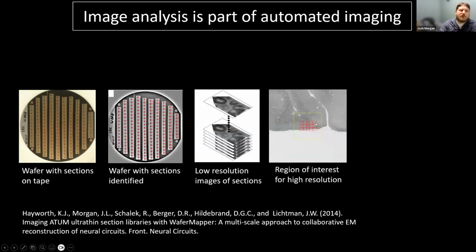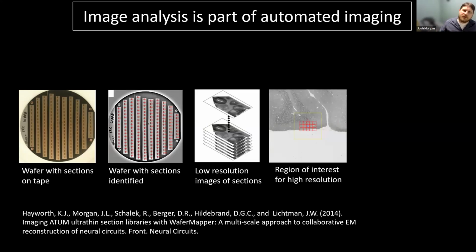We can choose a region of interest from this 3D map, define some mosaic like this. Each of these red squares is a tile that we're going to acquire. When we tell the microscope to drive to that position, it can also take a picture and check: is the position I'm at right now really where I'm supposed to be in this 3D map? And it can do some extra adjustments there.